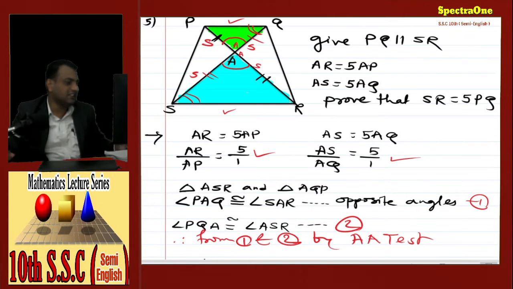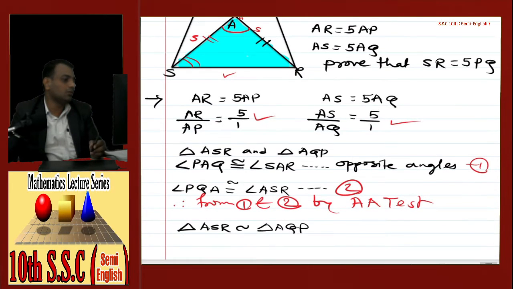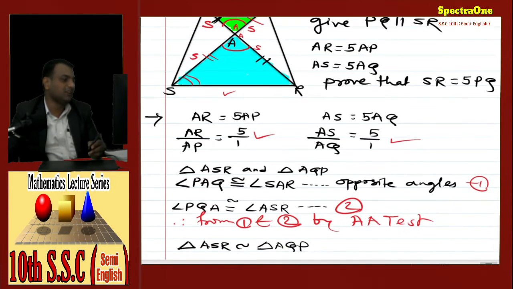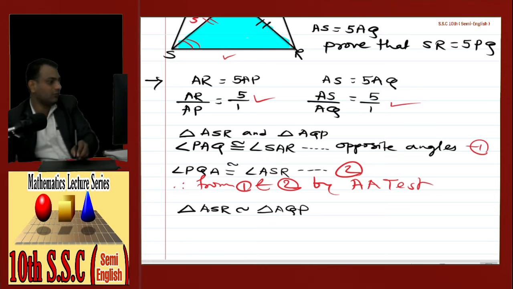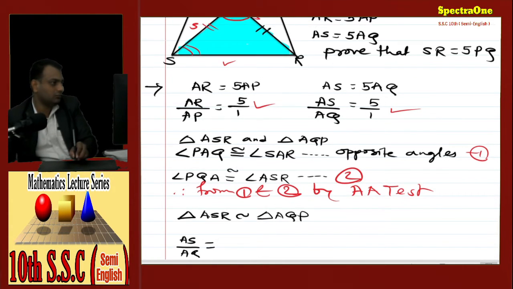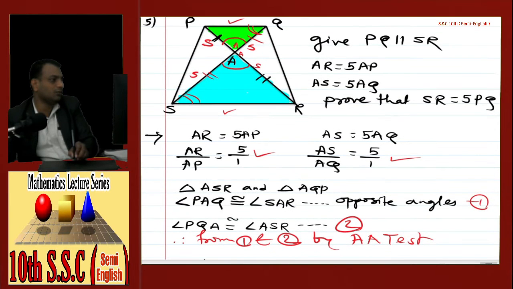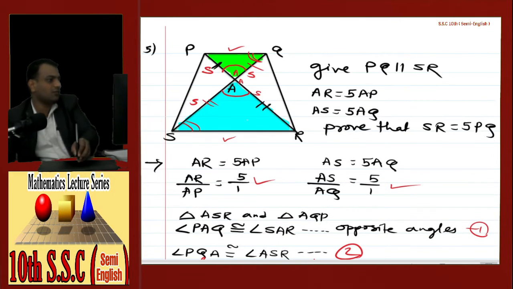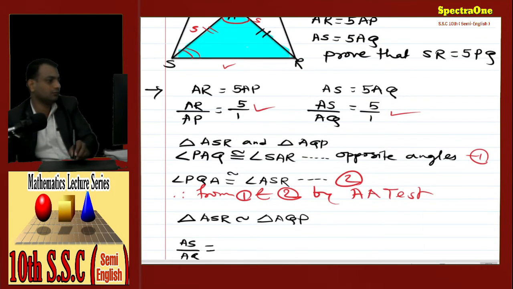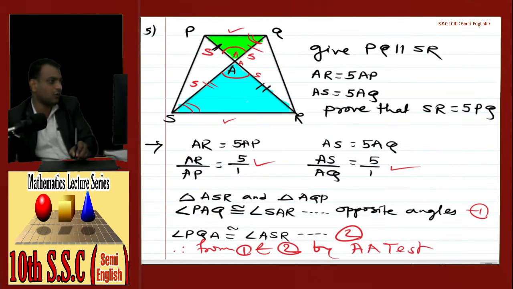Therefore, when these two triangles are similar, AS upon AQ equal to SR upon QP.